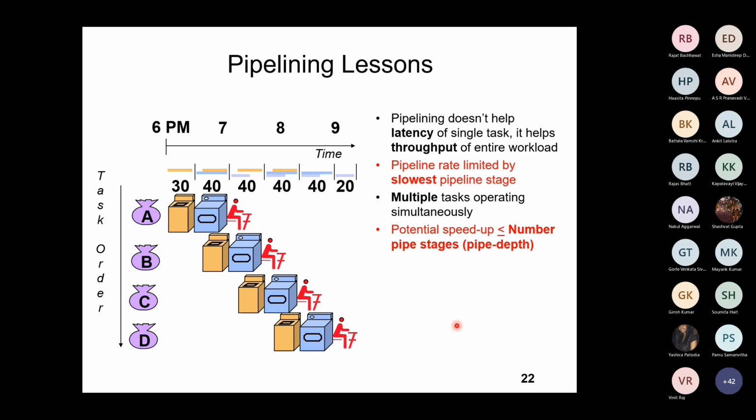And this is one of the reasons why we try to have a balanced pipeline, because if the pipelines are balanced, then the speed up will be equal to the number of pipe stages. Unbalanced pipe stages reduce the speed up. For example, here you have 30, 40, and 20, and that's why the speed up reduces from 3 to 2 point something.